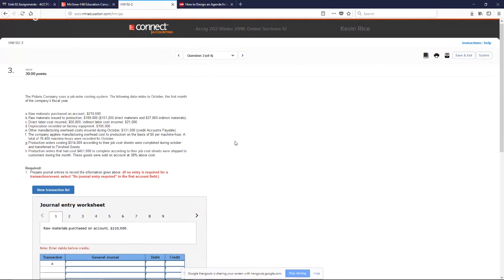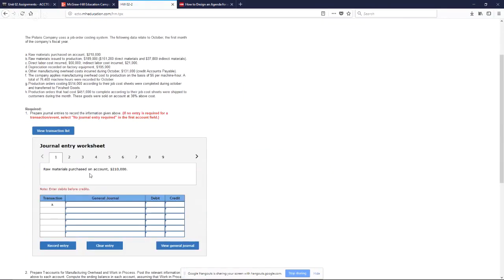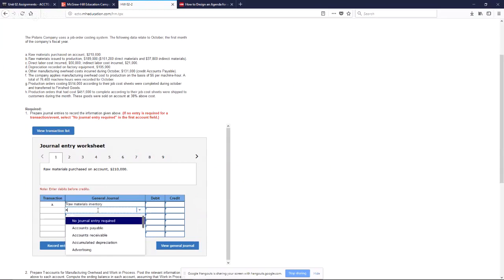So for A, we purchased raw materials on account for $209,000. So I debited my raw material inventory and I credited my accounts payable. Yep.